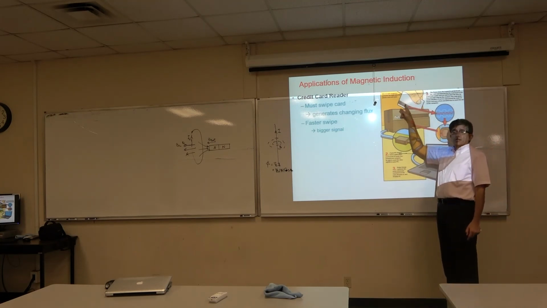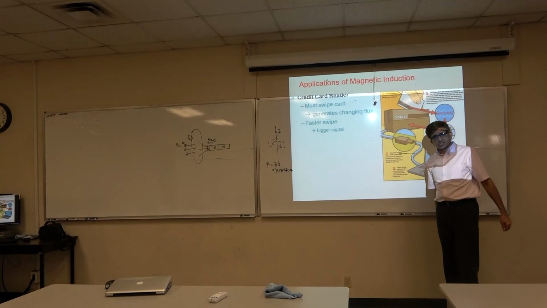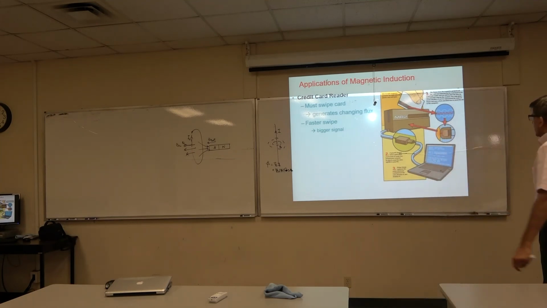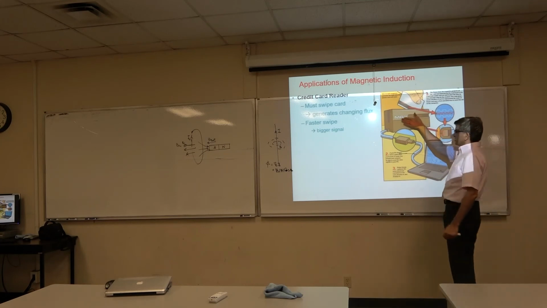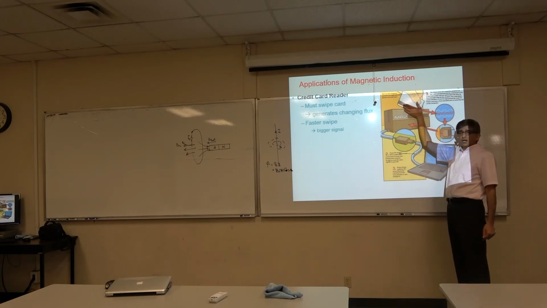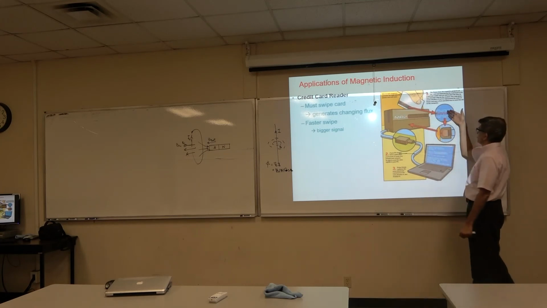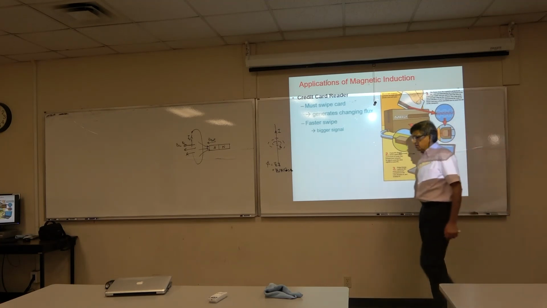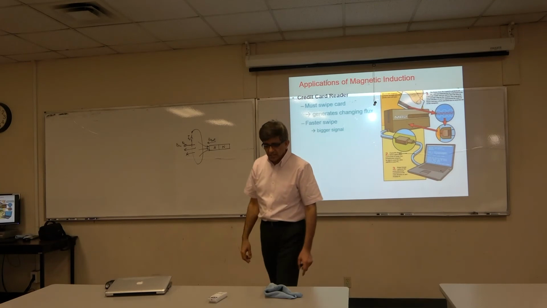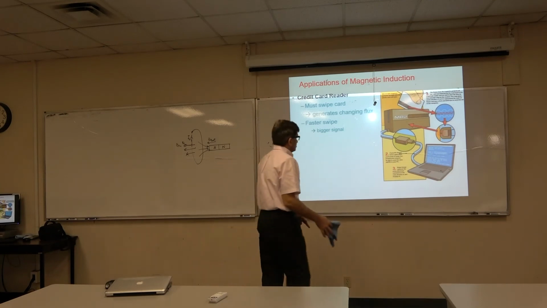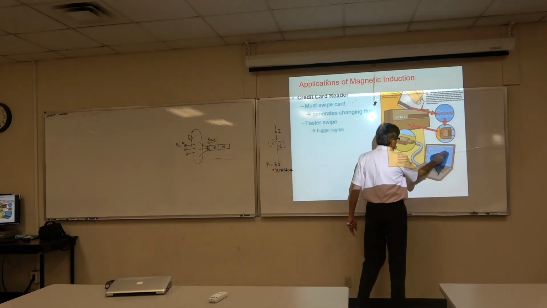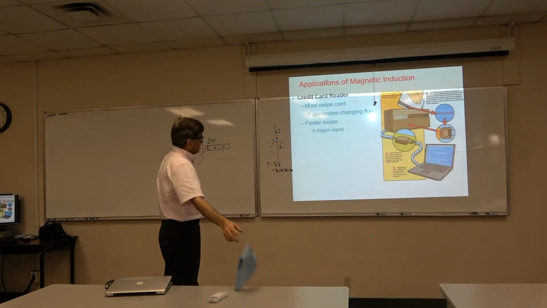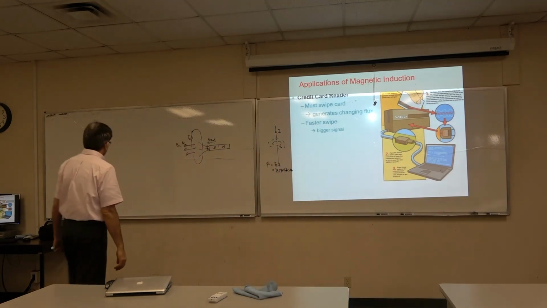This is a magnetic strip and it's changing the flux. So by changing the flux, I induce the current. As a result, there is a reader in there which will read all the information and carry it in the form of an electrical signal through the bank's tower or a computer. And it will tell you that, okay, you have the money, or how much money you have, how much money you can take. Alright? So this is one of the implications.